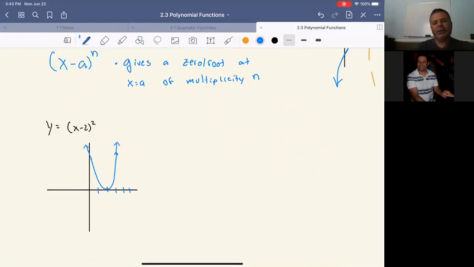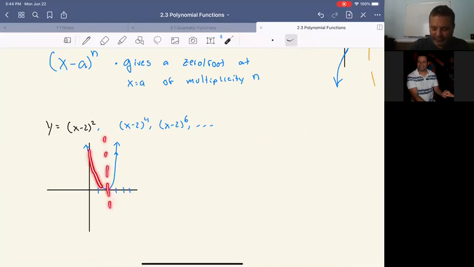And you can probably guess that (x minus 2) to the 4th, (x minus 2) to the 6th, those are going to have similar behaviors at the roots. And what happens? Well, at x equals 2, it's positive and then it stays positive.